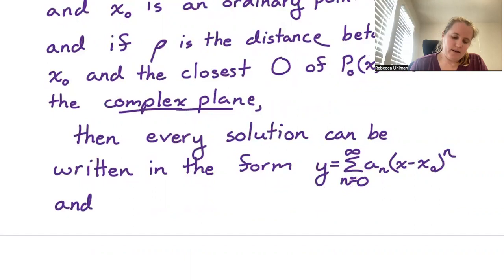And the radius of convergence is at least rho.